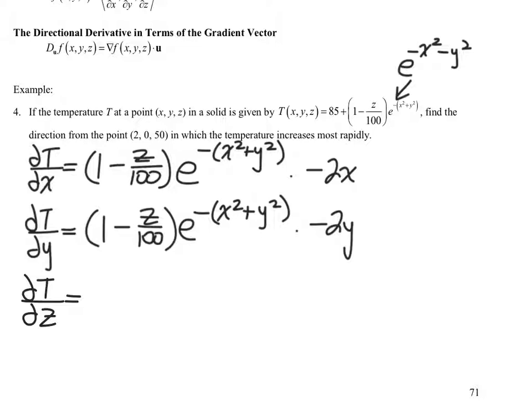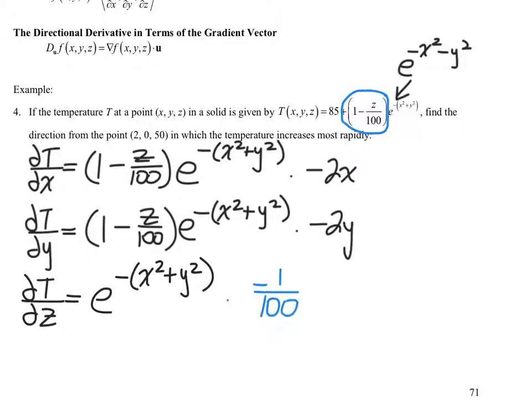So I'm going to write this as e to the negative x squared plus y squared, and then I have to take the derivative of the other part. The 85 is still constant, so that's still going to go away. The derivative of 1 minus z over 100, well, that's 1 minus 1/100th z, so that's just going to be negative 1/100th.